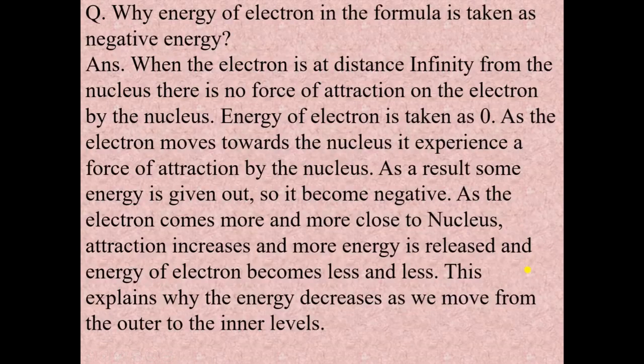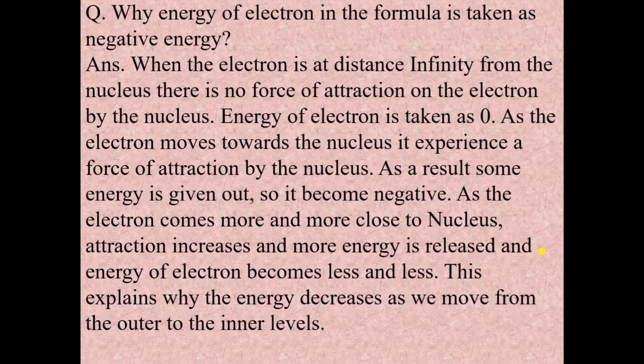Now there is a question: why is the energy of the electron in the formula taken as negative? You know the formula that E is equal to minus 2.18 into 10 to the power minus 18 divided by n square. So in this formula we take the energy of the electron as negative. Now the question is why?